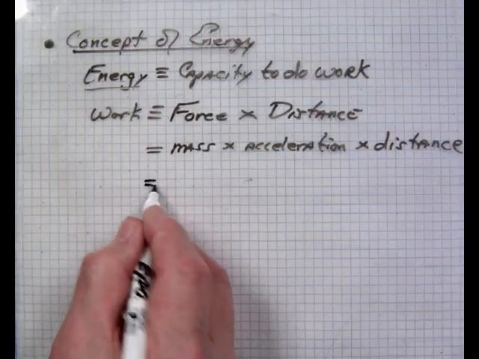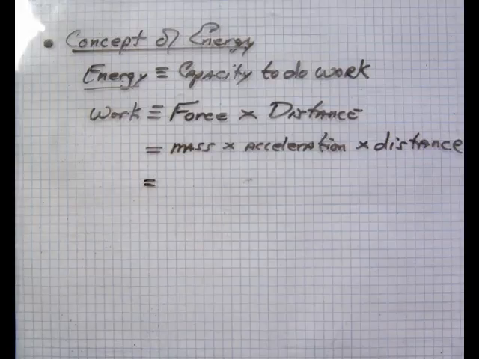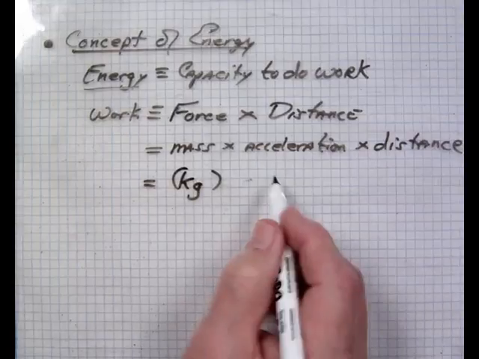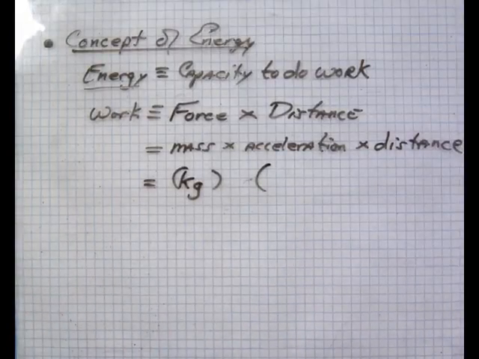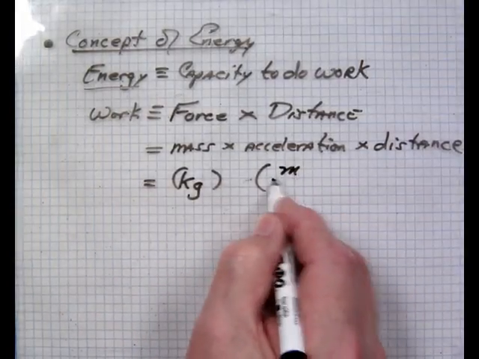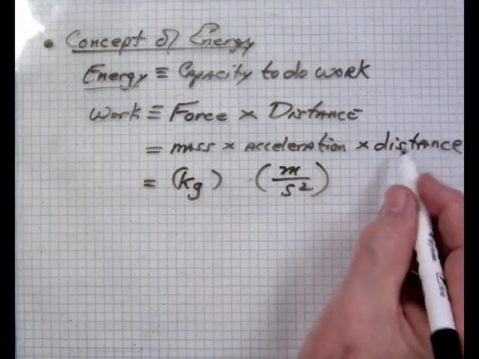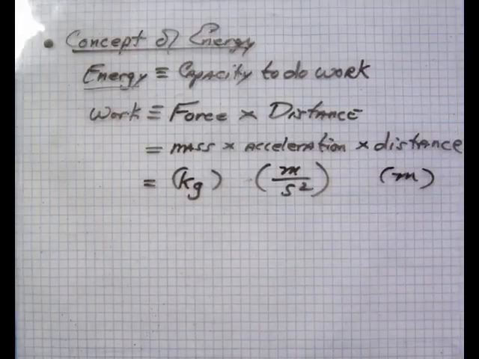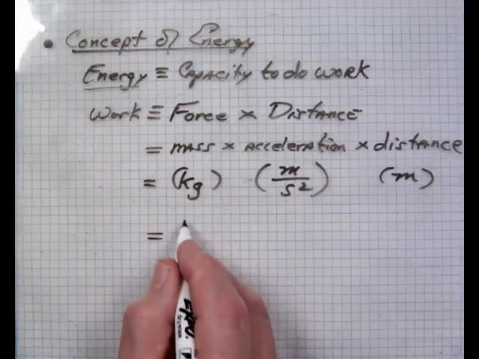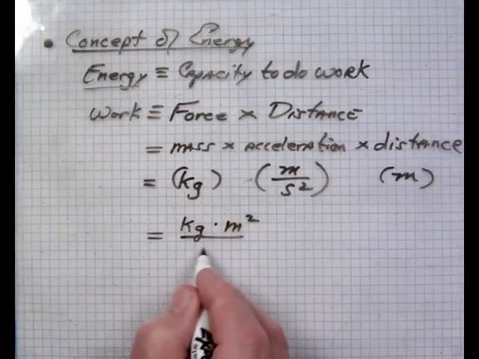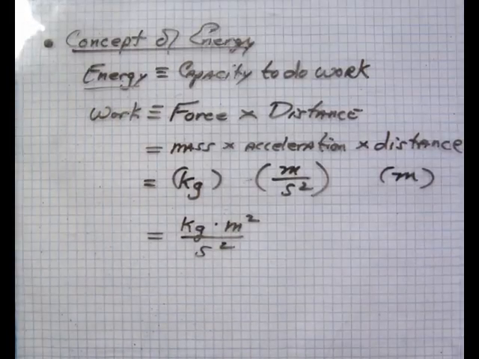The units associated with mass in the SI, Standard International, is standard kilogram. The SI units for acceleration refers to meters per second squared. Go with it. And distance is SI units meters. When we combine this, we get a complex unit called kilogram meter squared over second squared.